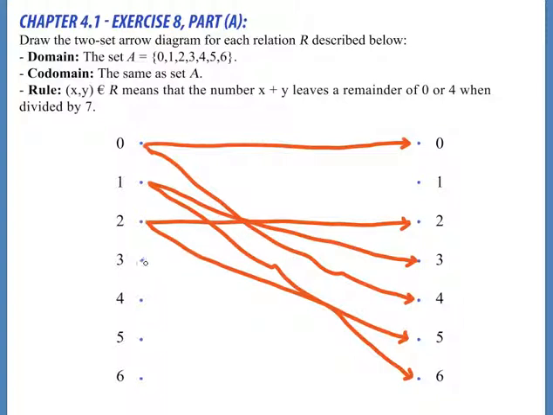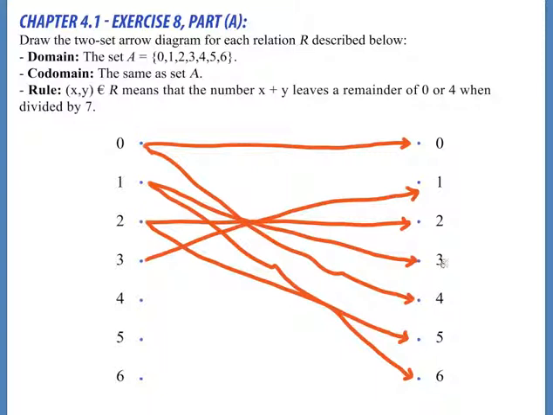Next, we'll have to check through 3, so 3 plus 0 is 3, divided by 7, there's no remainder of 0 or 4 in that equation. Next 3 plus 1 is 4, divided by 7, and that leaves a remainder of 4, so we'll connect the 3 to the 1. Let's speed through this a bit more. So 3 plus 2, that's 5, divided by 7, no remainder of 0 or 4. 3 plus 3, 6.